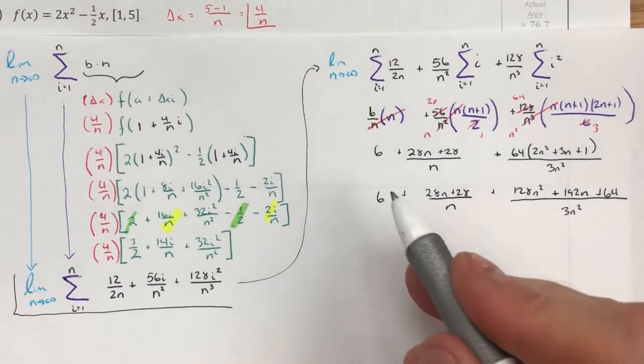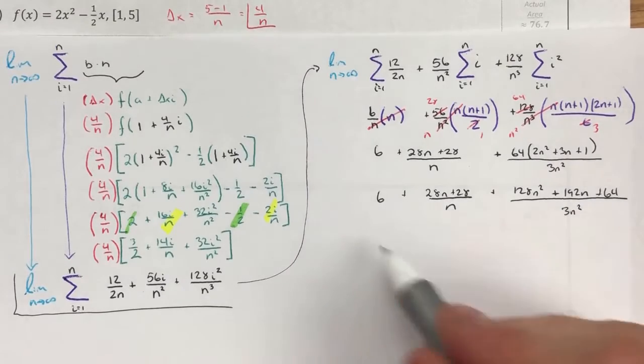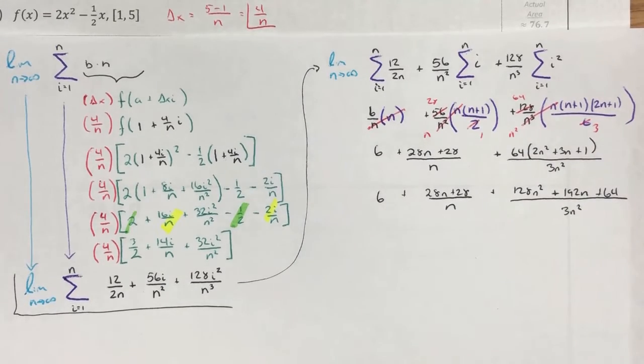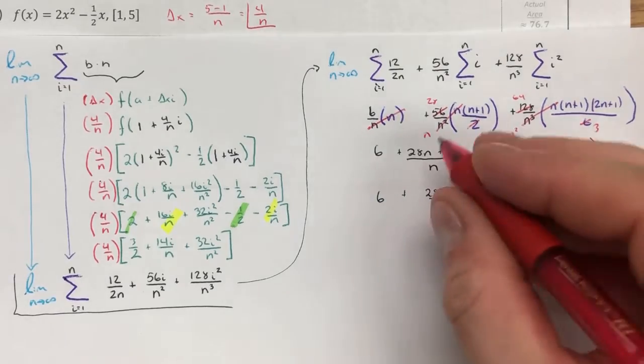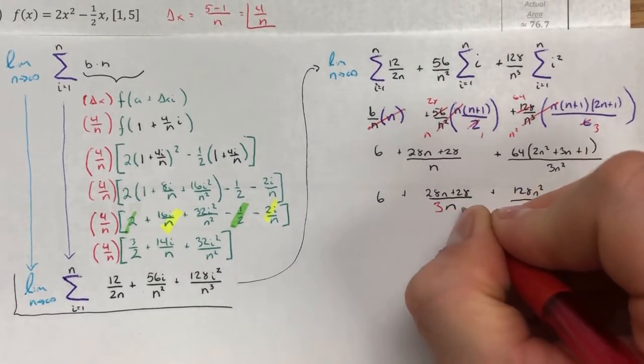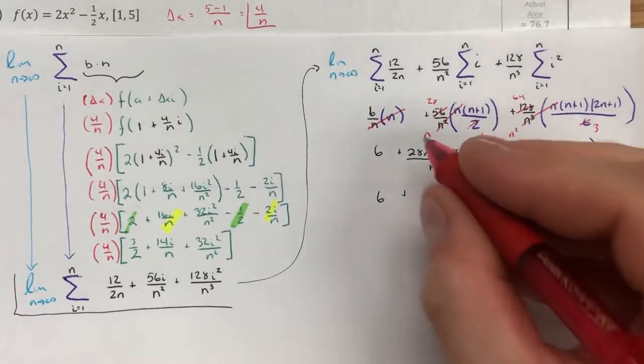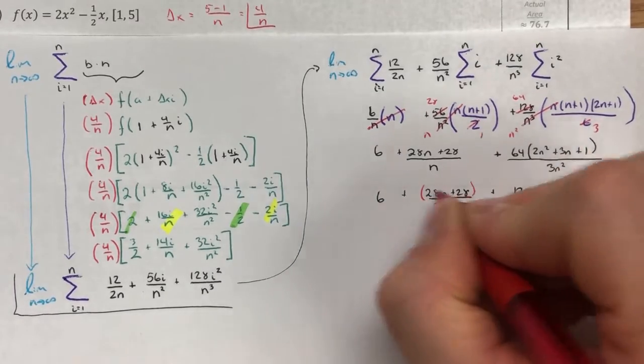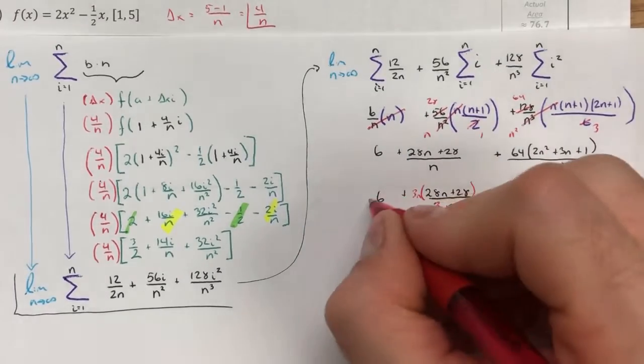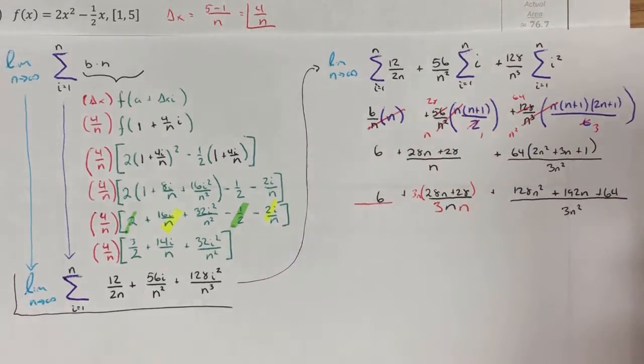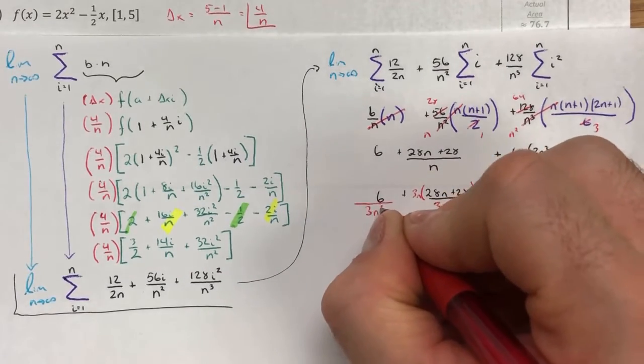Okay, so I have fraction 1, 2, and 3. I'm going to combine them together by finding a common denominator. That common denominator is going to be 3n squared. So I need to multiply top and bottom by 3n to make it a 3n squared. So 3n. Top and bottom over here, I'm going to multiply by 3n squared.